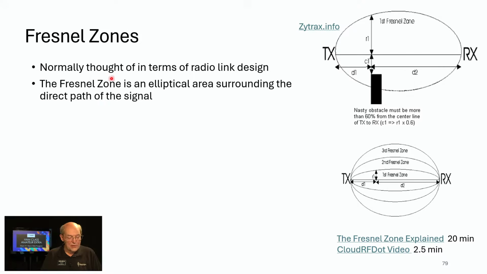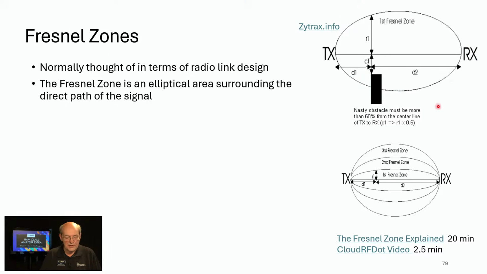It's normally thought of in terms of radio link design. So here we've got a transmitter and a receiver. They can see each other. Well, that should be fine, right? Well, maybe not. A line of sight can be affected if there's something in the path. This is something called a Fresnel zone.